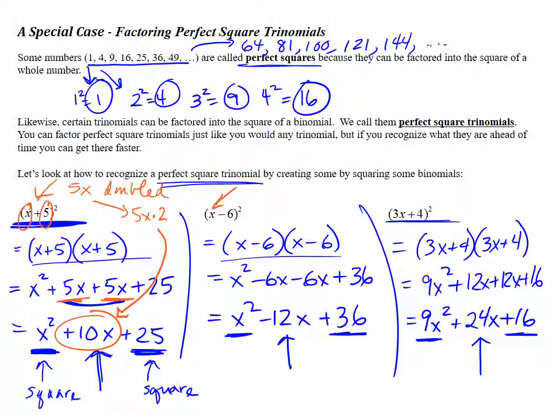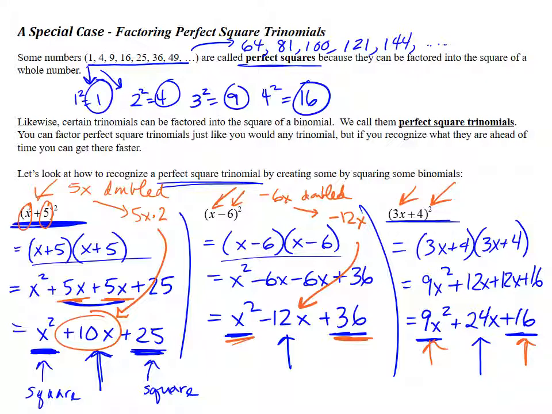In the next one, we've got a square here, a square here. If we think about multiplying the x and the 6 together, notice that's a negative 6. We get negative 6x, and then double it. So multiply by 2 means that we get negative 12x, and that's what we had. In this last one, we can do the same thing. 3x squared is 9x squared, 4 squared is 16, so these two terms are squares of what we started with.